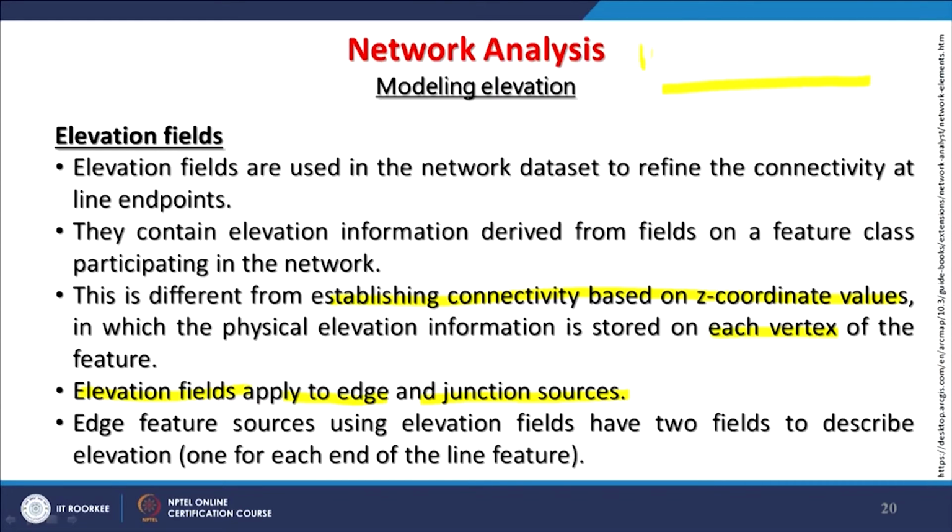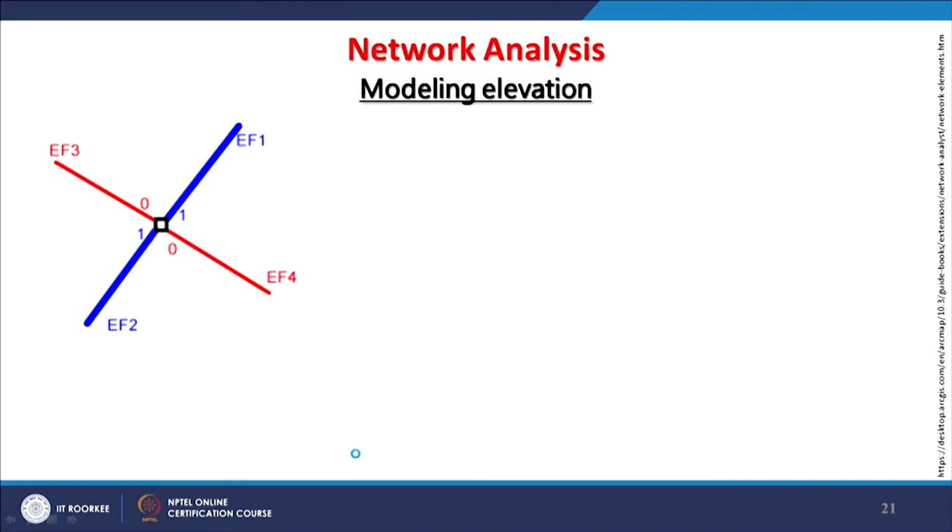So if suppose it is having 100 meter above mean sea level, it is having 110. And therefore, for each vertex, elevation information has to be stored, and for the line feature, each end vertex information has to be stored. Then you can get even the slope information as well.